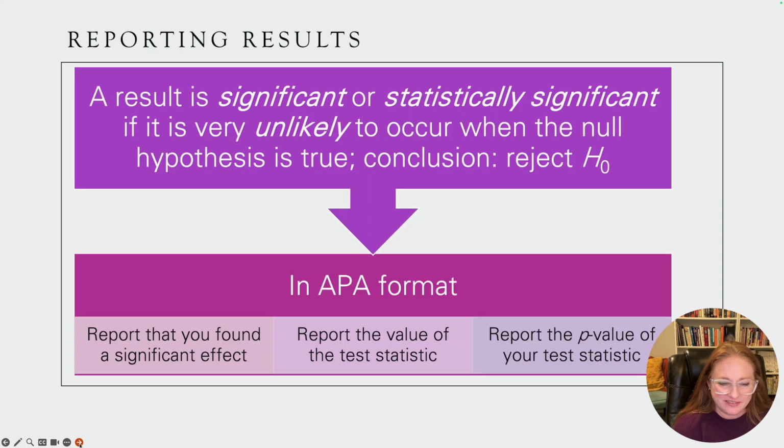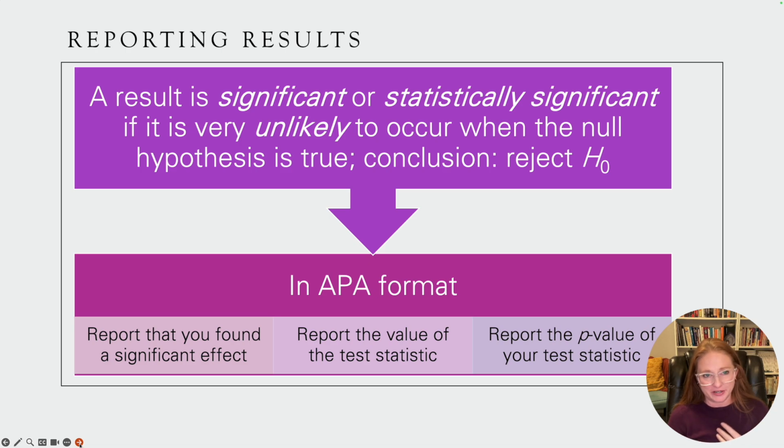In APA format, obviously, you're going to report your results. A result is significant, or statistically significant, if it is very unlikely to occur when the null hypothesis is true. And then conclusion, you're going to say, I reject the null hypothesis.